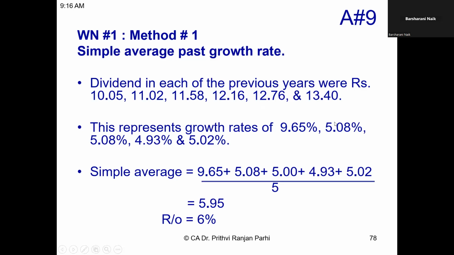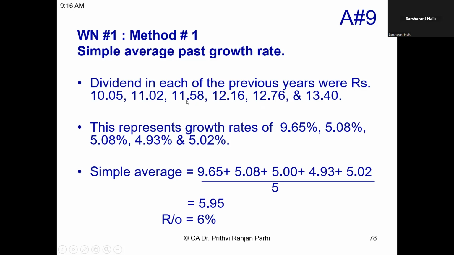You might be thinking, where am I getting these figures from? The figures are like this. You see, 10.05 becomes 11.02. So what is the growth? Growth is 11.02 minus 10.05, and this growth is upon 10.05. So the formula for computing growth rate is 11.02 minus 10.05, whole divided by 10.05.